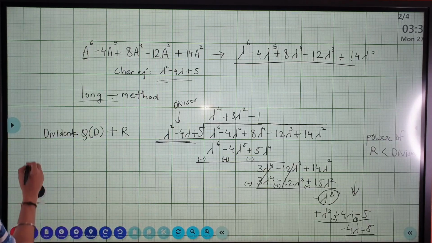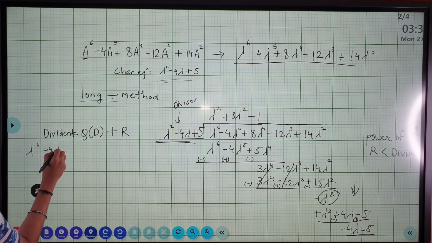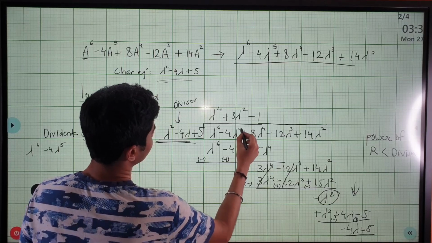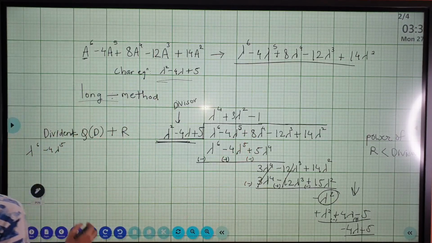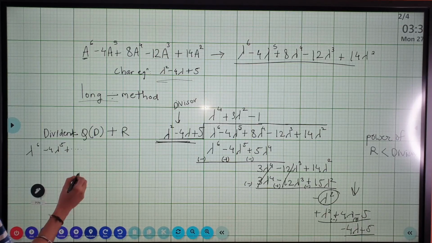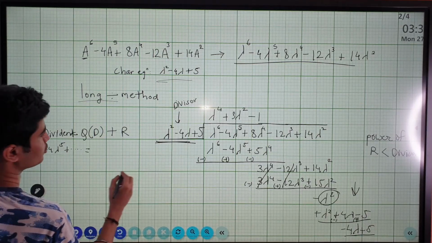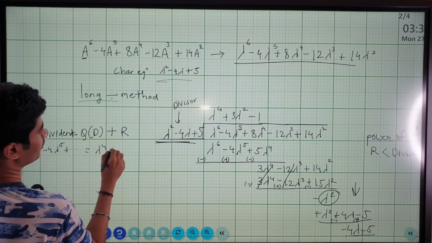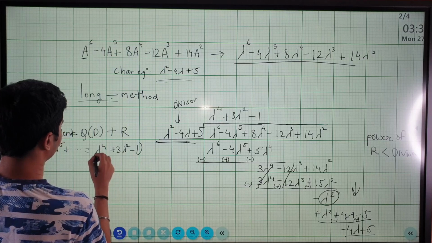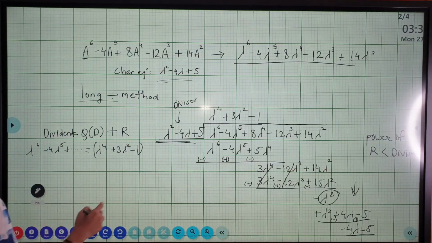So we get dividend as lambda 6 minus 4 lambda raised to 5 plus dot dot dot is equal to our quotient, lambda raised to 4 plus 3 lambda square minus 1, into our divisor.